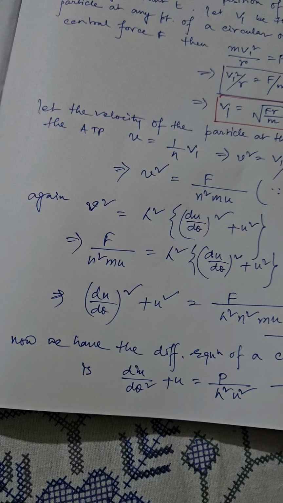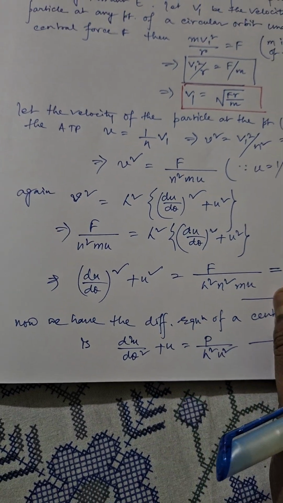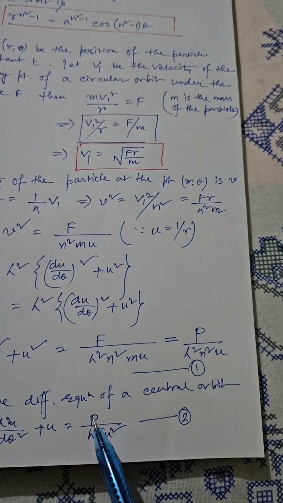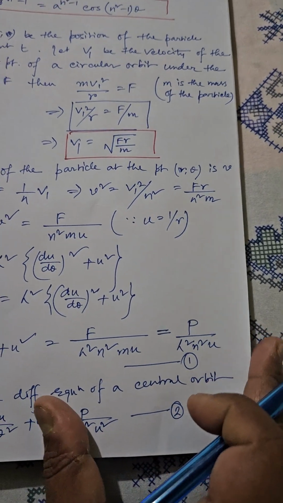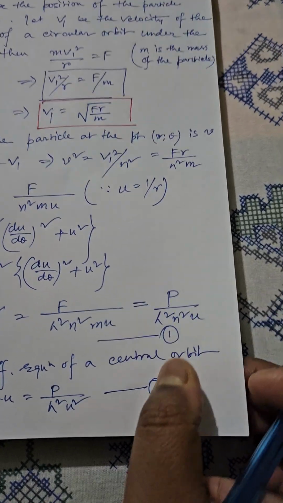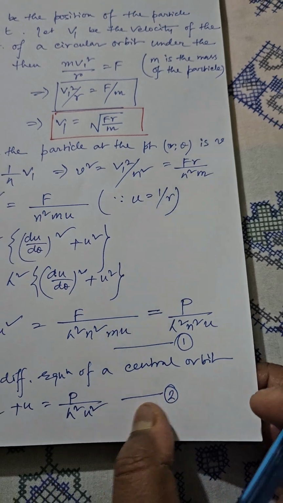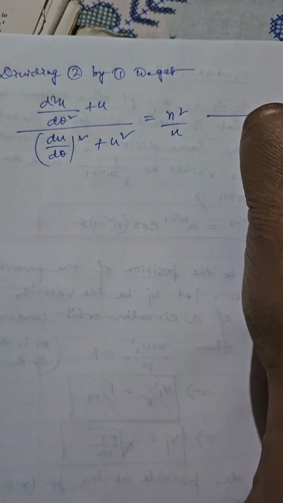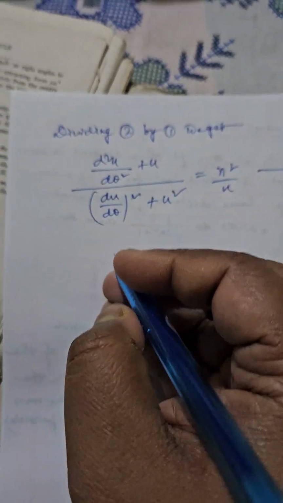On the right hand side, this divided by this, you can see p will be cancelled, h square will be cancelled, then you will get n square by u. So the right hand side will be n square by u. So this is equation number 3.